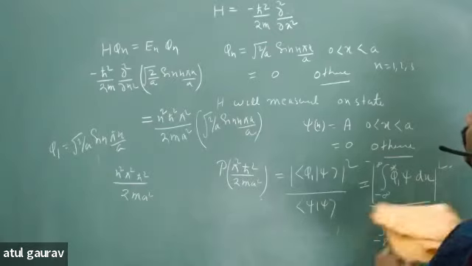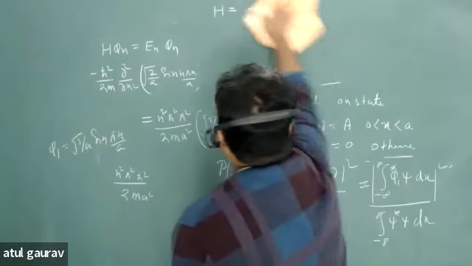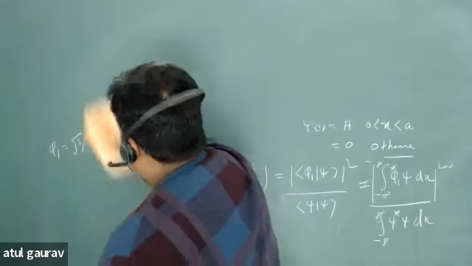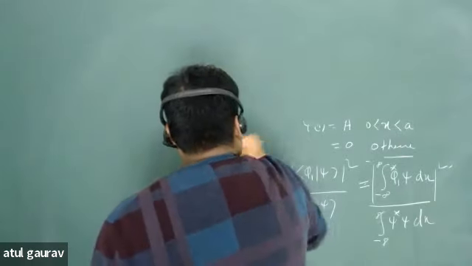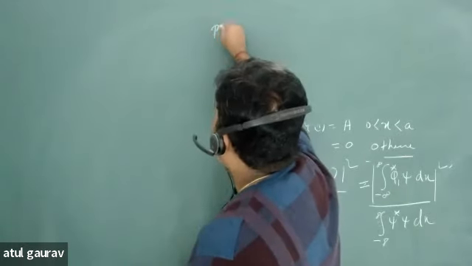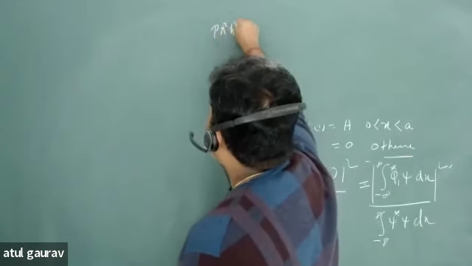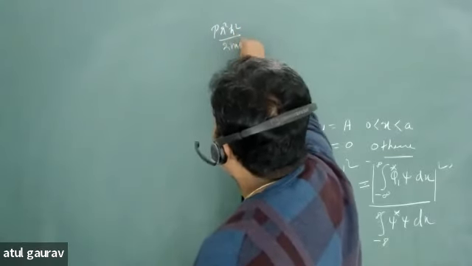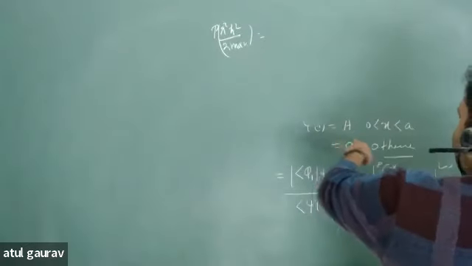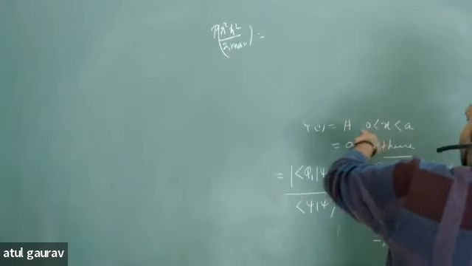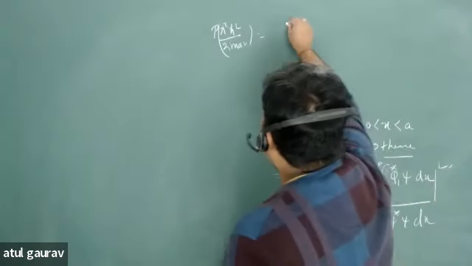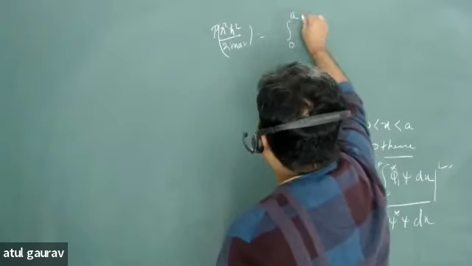Now let's try to go for this integration. So probability of getting pi square h cut square upon 2ma square is equal. Now this psi is basically between 0 to a. So all value is equal to 0. So we have to integrate it between 0 to a, isn't it?